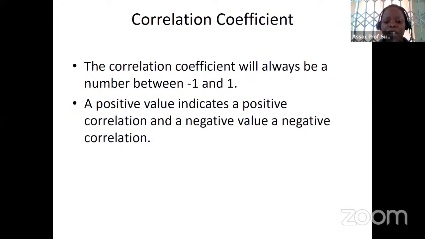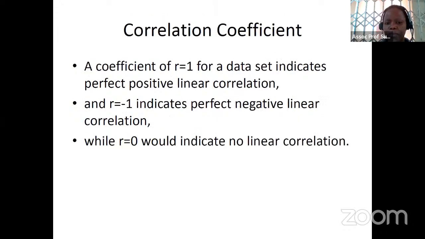A positive value indicates a positive correlation, while a negative value indicates negative correlation. If r is equal to +1, then the data set has perfect positive linear correlation. If it's -1, it indicates perfect negative correlation, while r equal to 0 would indicate no correlation.